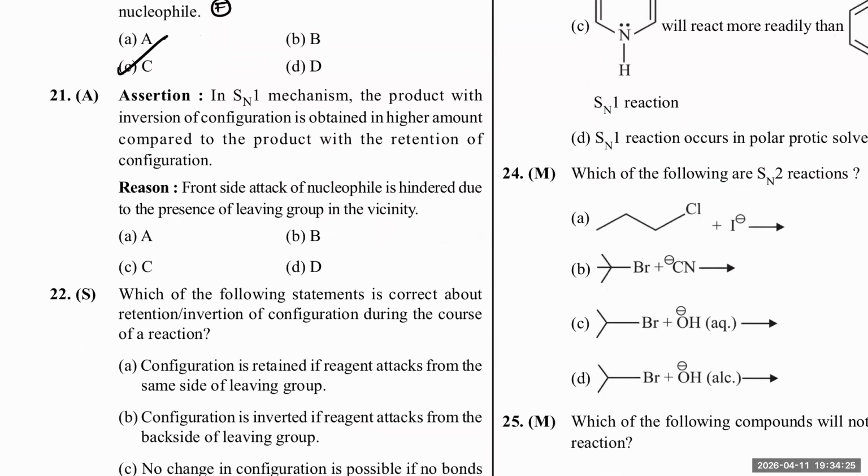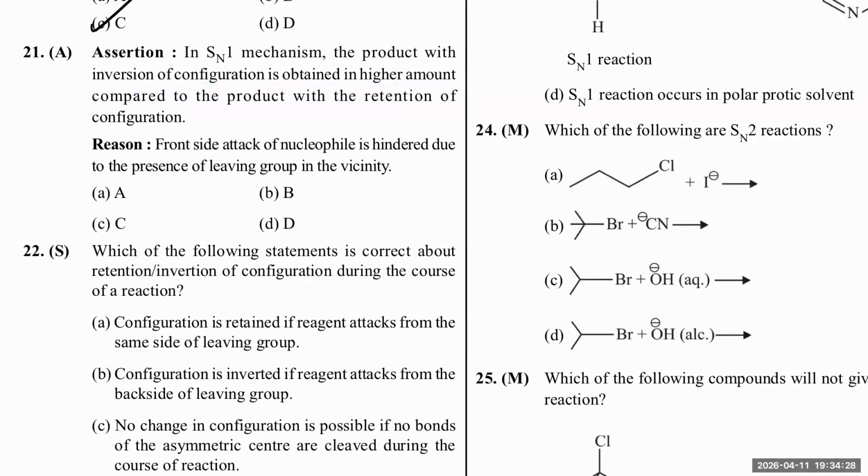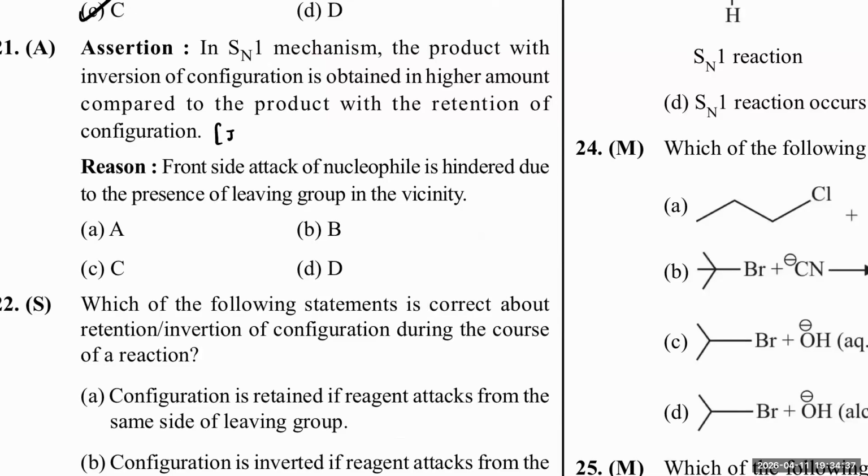SN1 mechanism, the product with the inversion of the configuration is higher amount compared to that of product with retention. This I told you that when it comes to SN1, due to intimate ion pair effect or tight ion pair effect, the inversion will be slightly higher than that of retention.